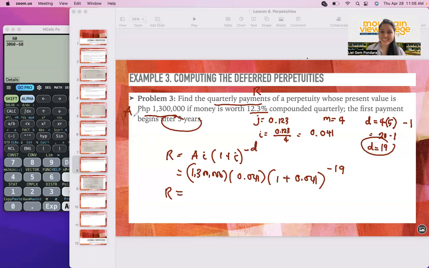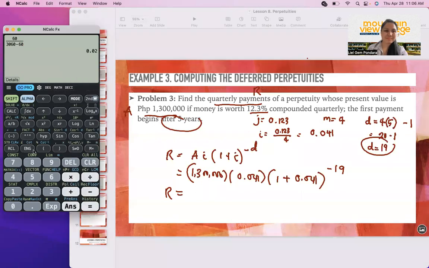Let's solve using our calculator. We have 1.3 million times I times 1 plus I raised to the power of negative 19.